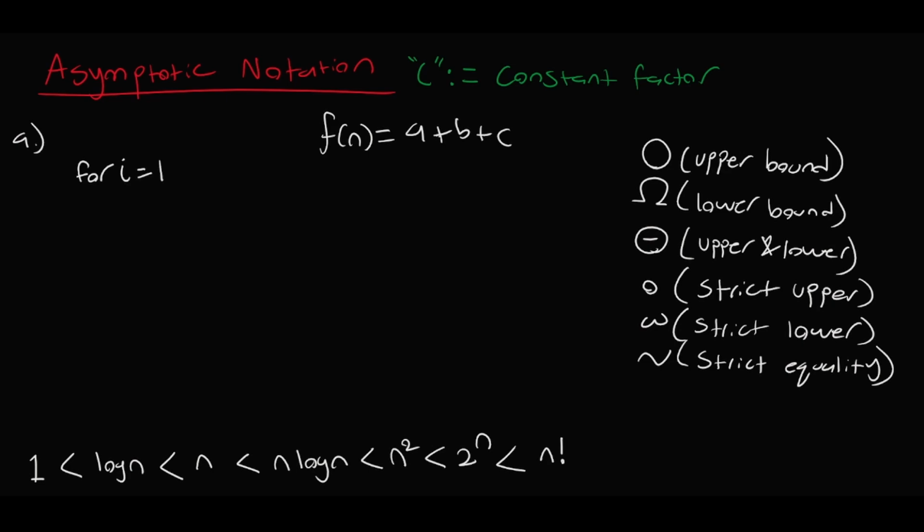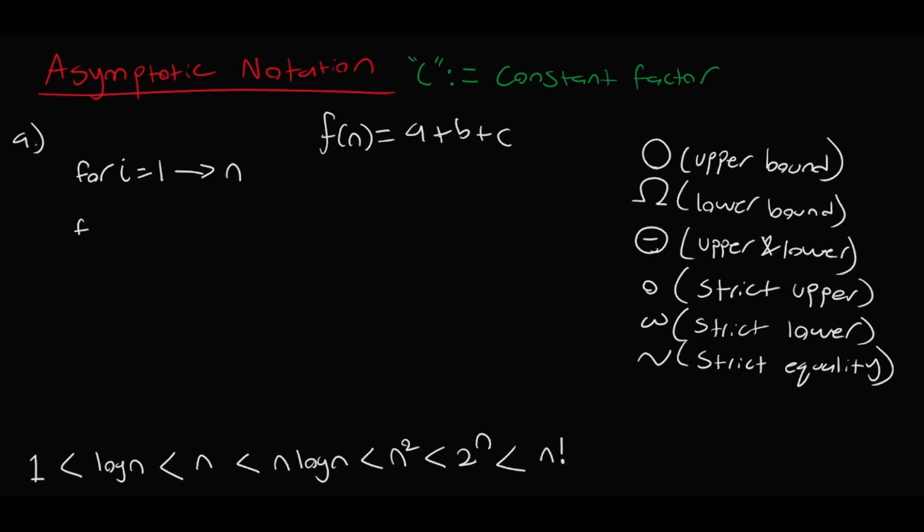For i is equal to 1 towards n, this could be represented as the summation of i is equal to 1 going to n. So a is just equal to n here.